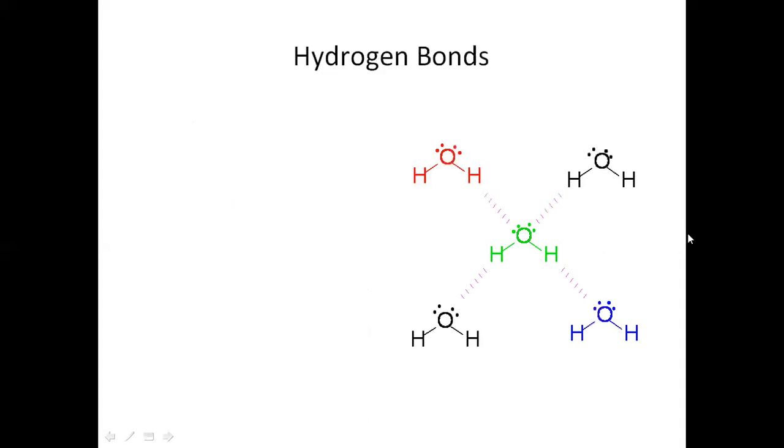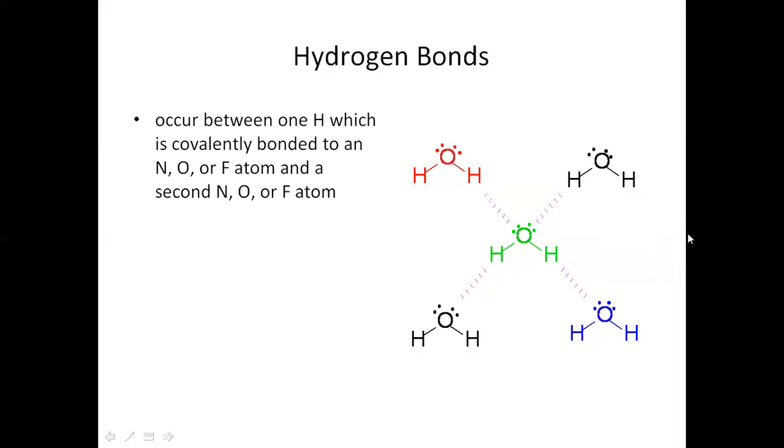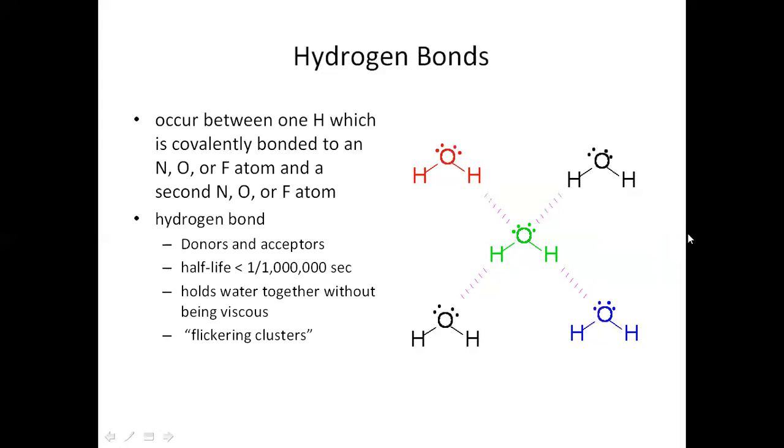In this figure, what I have done is to show 5 water molecules. The hydrogen bonds that connect the water molecules are shown with magenta dashed lines. Molecules are referred to as hydrogen bond donors or hydrogen bond acceptors.